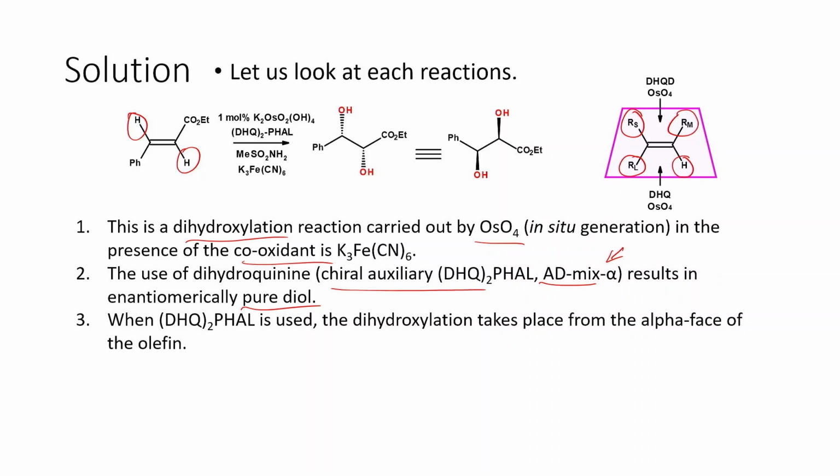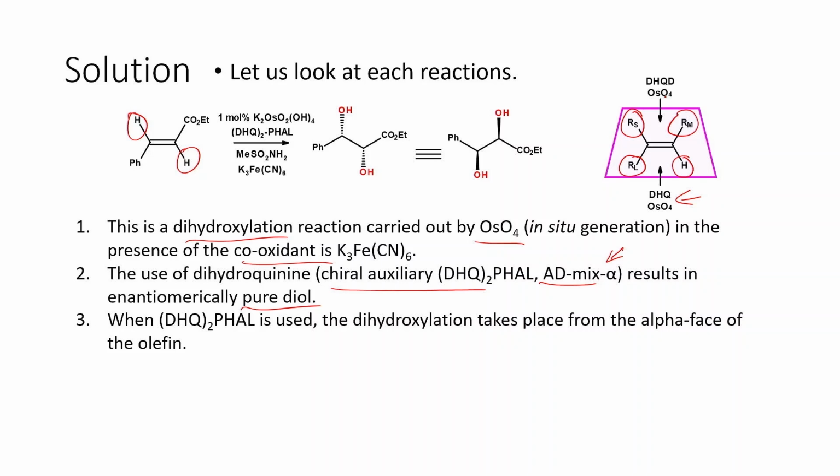So this way we spread the molecule in a square. Once you do it this way, then we exactly know that AD alpha, that is DHQ, will give the dihydroxylation from the bottom face, and if it is DHQD, then that will transfer the two hydroxyl groups from the top. So that way we can easily find out what is going to be the final product that will be formed.